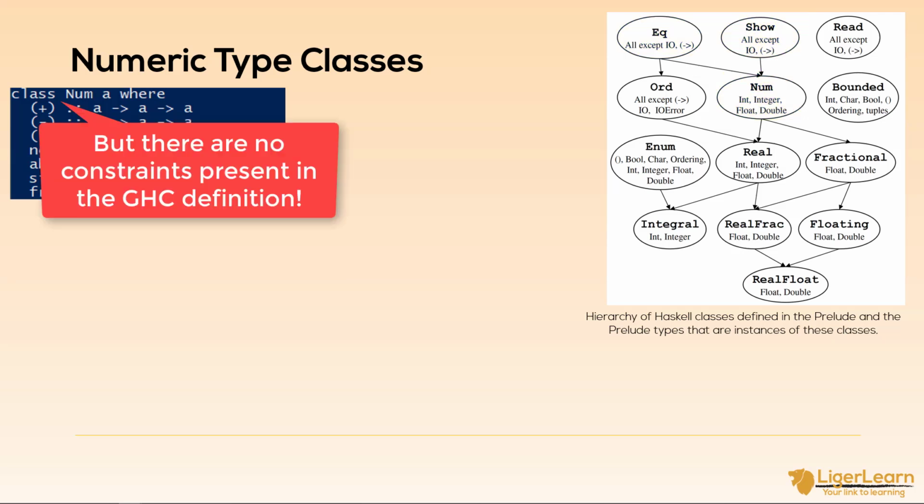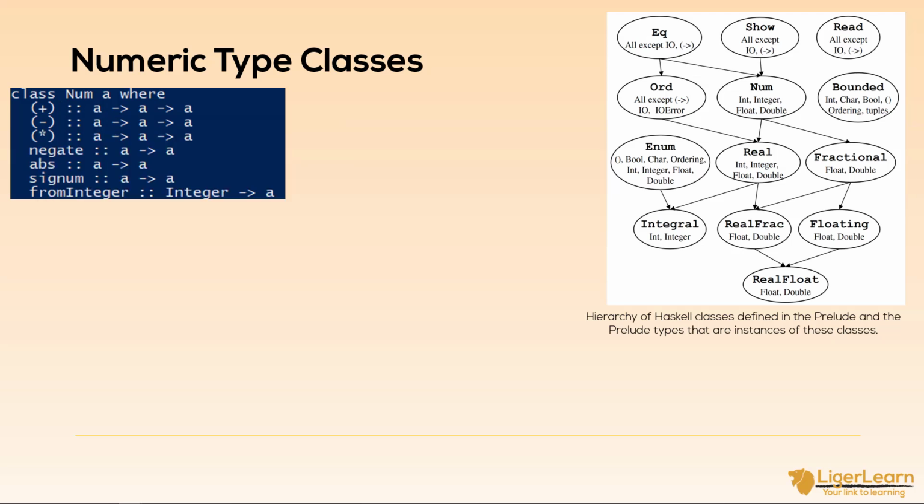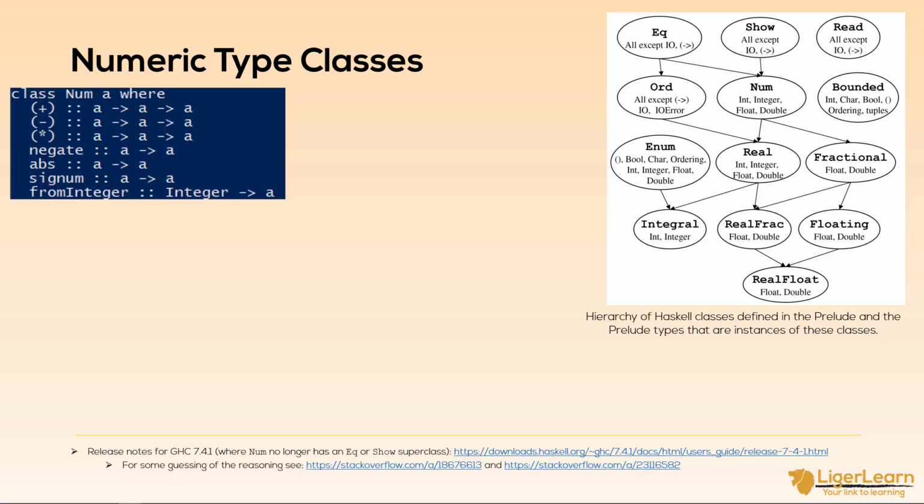But in the definition we see here, there is no type class constraint present. Well, that is because the folks implementing the Glasgow Haskell Compiler are being a bit cheeky, and since about 2012 have decided not to follow the specification completely. They have their reasons, and if you want to know more, you can check out the links in the footer.